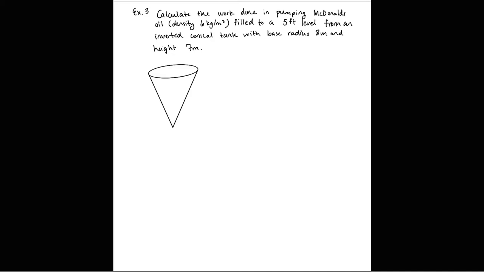Okay, so let's say we have McDonald's oil, and we want to calculate the work done in pumping McDonald's oil, density 6 kilograms per meters cubed, filled to a 5-foot level from an inverted conical tank with base radius 8 and height 7 meters. Okay, so it's filled to a 5-foot level. And when it says it's filled to a 5-foot level, it means when you look at the tank and you look at the oil, this is 5 feet.